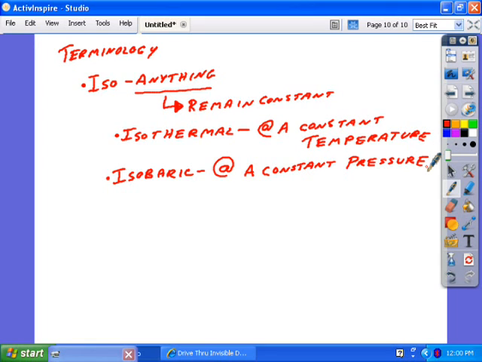Now, the next two are actually the same thing, but it's two different ways of saying it. We've got isochoric and isometric. You may also see this as isovolumetric.